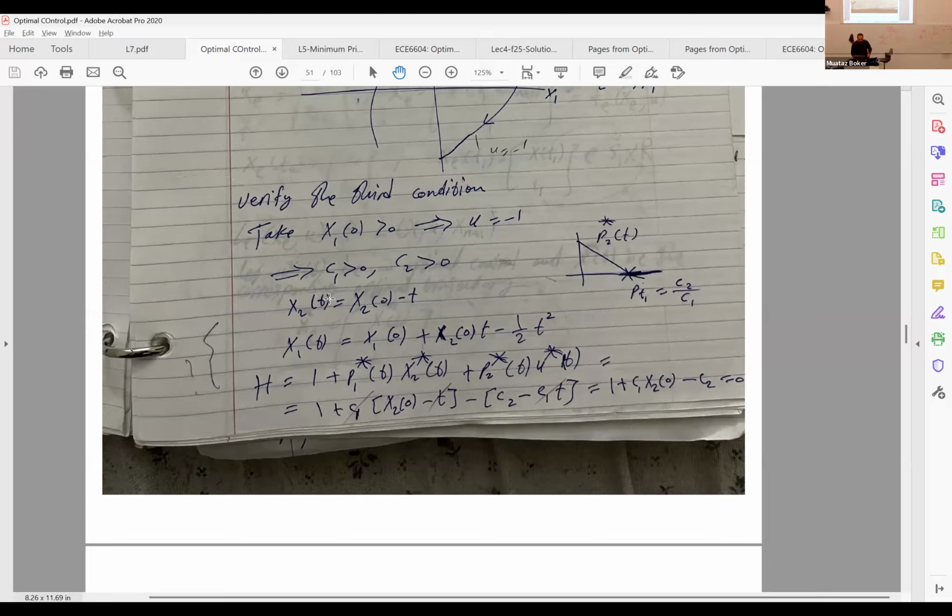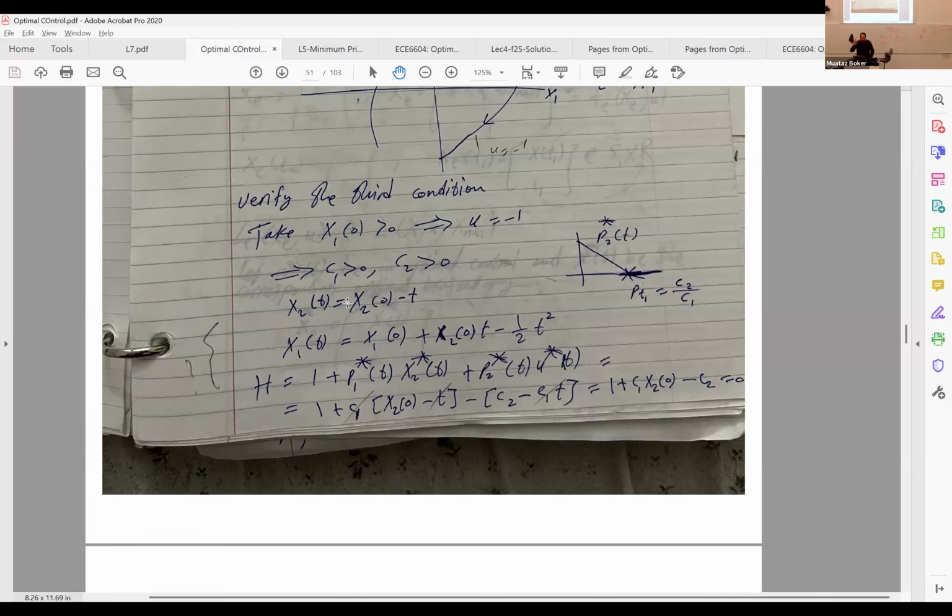If you integrate both sides of X2 dot equal to -1, X2 of t minus X2 of 0 is equal to the integration of -1 from 0 to t, which is minus t. Take the X2 of 0 to the other side, and that's what you will get.